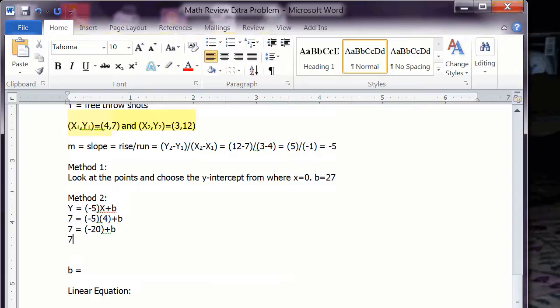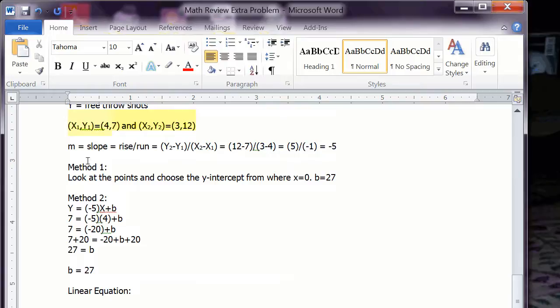So 7 plus 20 is equal to negative 20 plus b plus 20. Our negative 20 and our positive 20 cancel each other out, and we have 7 plus 20, which is just 27, equals our b. So what is our b? Our b is 27. Well, that's what we found before, so we know that we did it correctly.